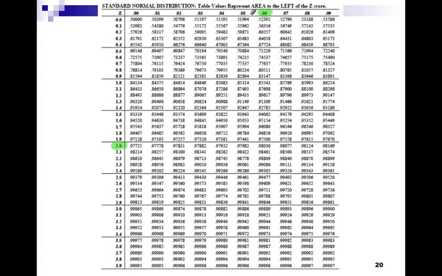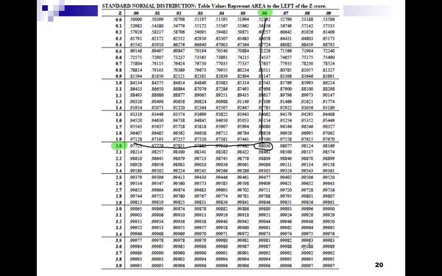And so we're going to look down here, going down, and we're going to go across here until we find this z-score. Now this goes to 5 digits. I think yours only goes to 4. 0.9803.